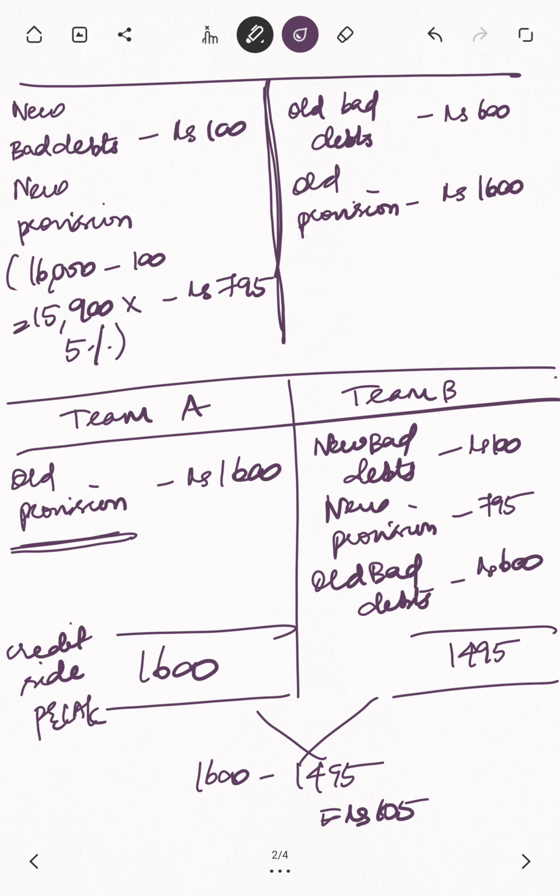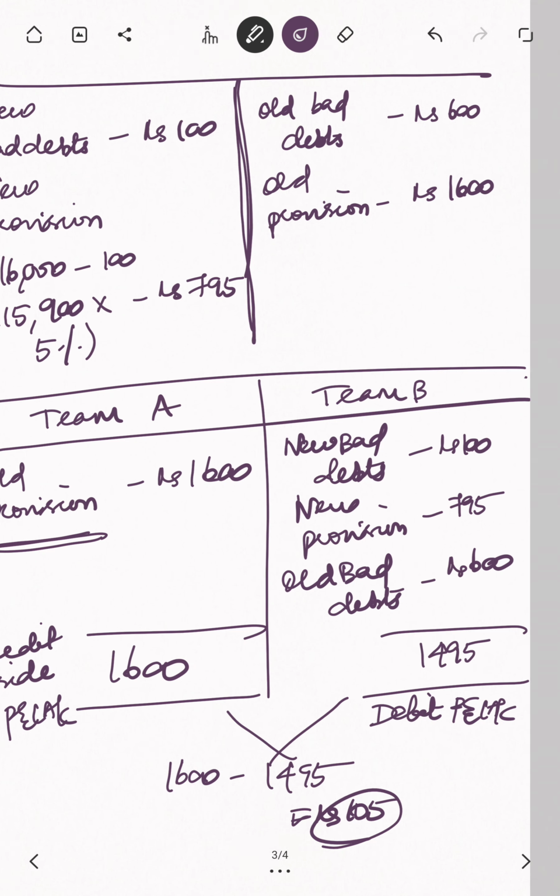If team B has the highest value, then the difference amount will come under the P&L account debit side. Okay, if you remember this rule, you can easily finish off the final accounts, especially this bad debts, old and new provision.